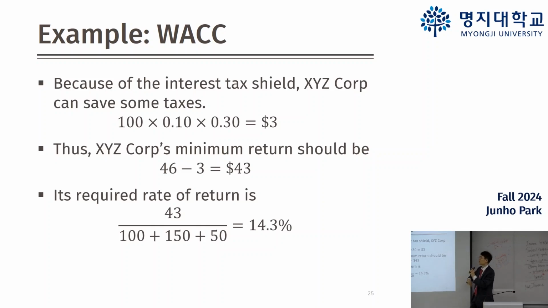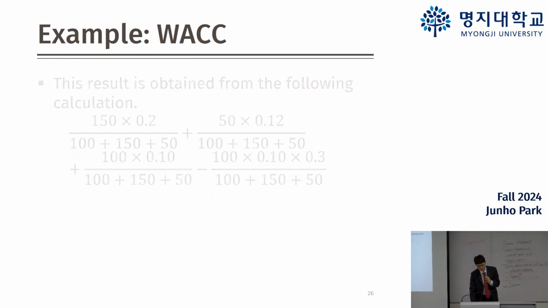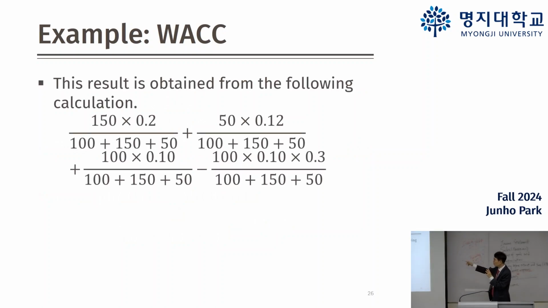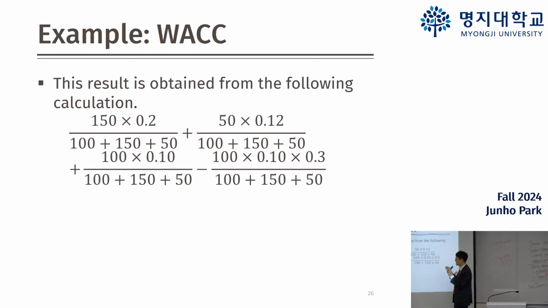However, to generalize, let's think about these 43 instead of doing calculation by step. So we are just going to insert these formulas into here. And what we get is this long formula. So it requires a lot of calculation.